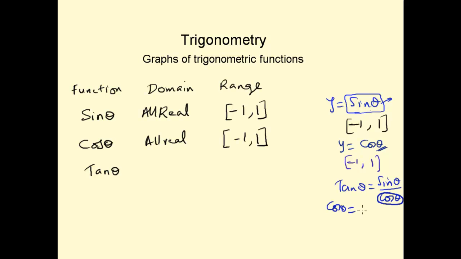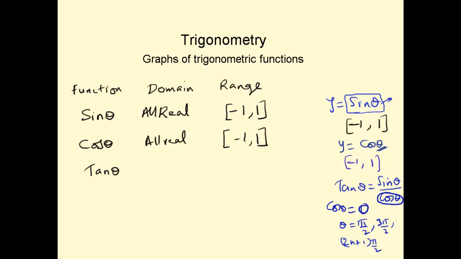So cos theta equal to 0 when theta is pi by 2 or 3 pi by 2 or 5 pi by 2 and so on, meaning it's an odd number of pi by 2, which is (2n plus 1) pi by 2, right?